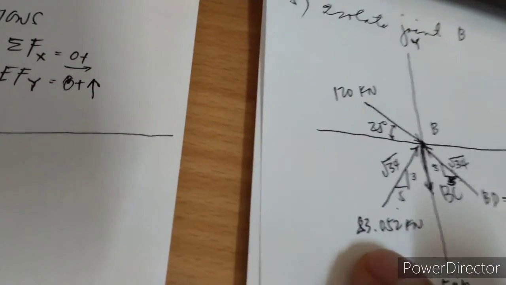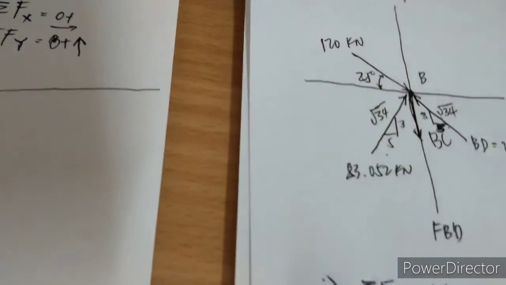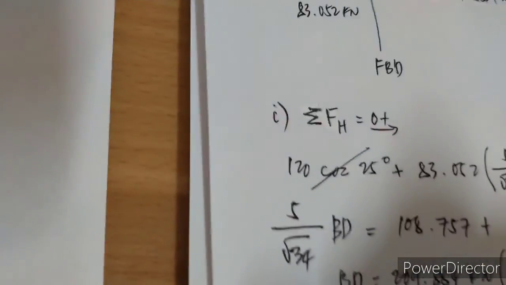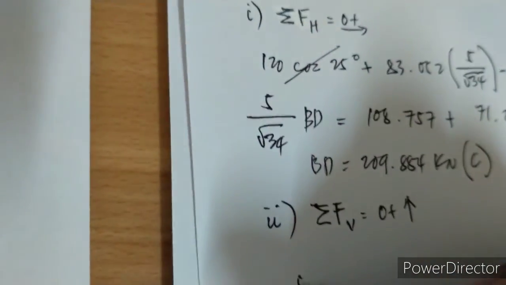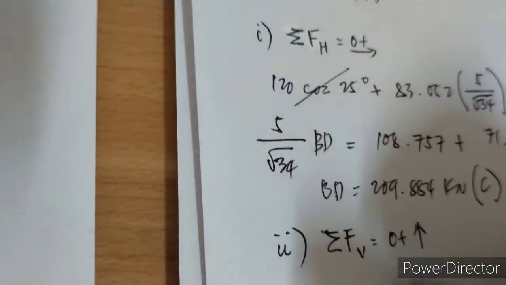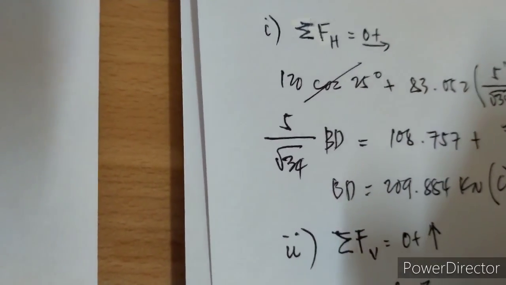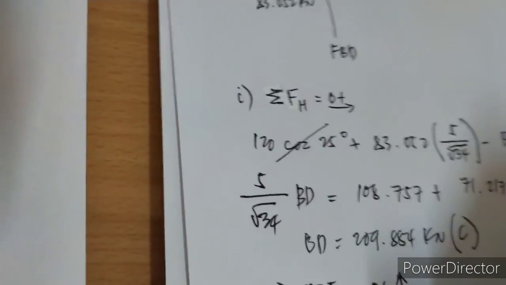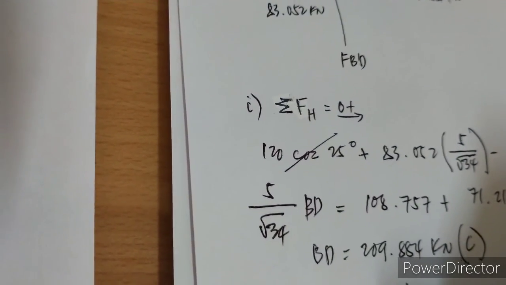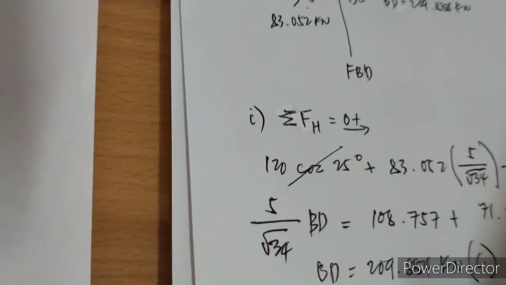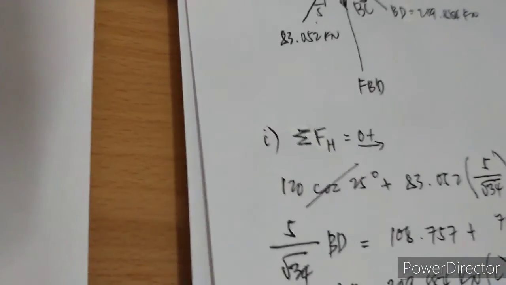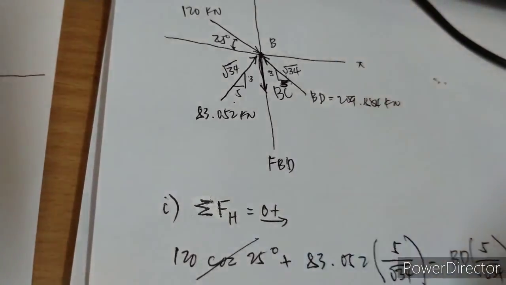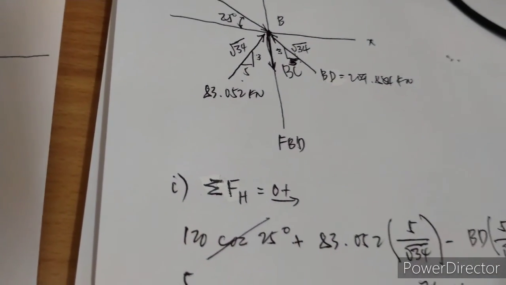So what are positive ones? So the vertical component of 83.052. So let's try to write 83.052 times 3 over square root of 34, that's the vertical component of this, plus 209.884, what's the vertical component of 209.884, times 3 over square root of 34.